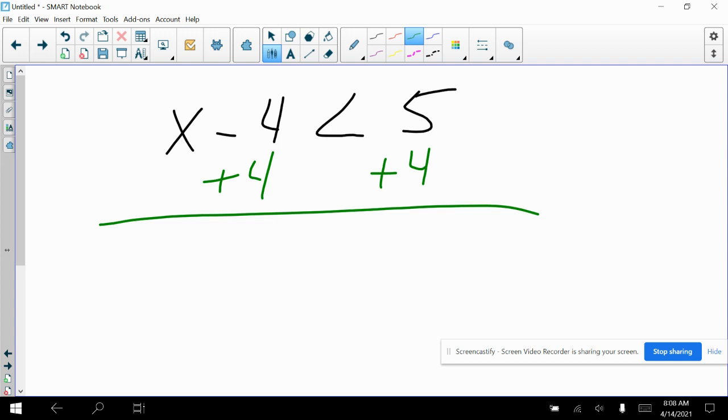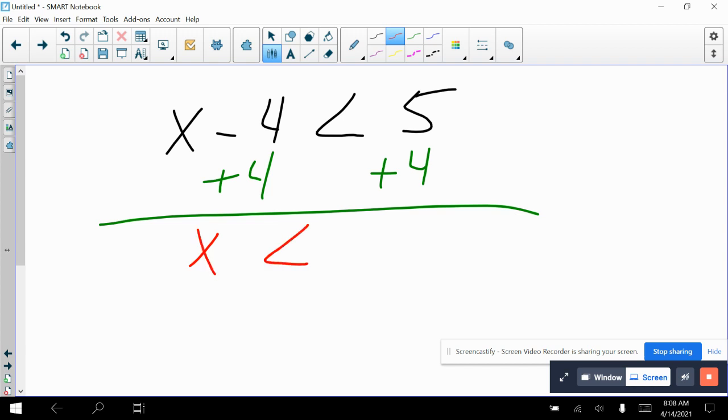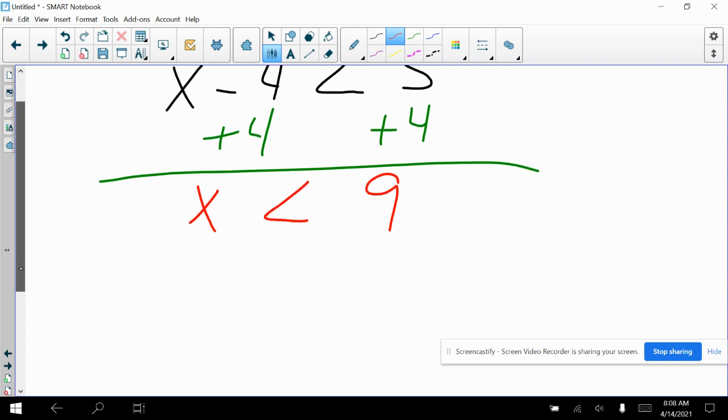Nobody remember? Inverse operation. Oh, yeah. Forgot about that. Okay, so over here, then we get x is less than 9. Pretty simple stuff. One step equation there.